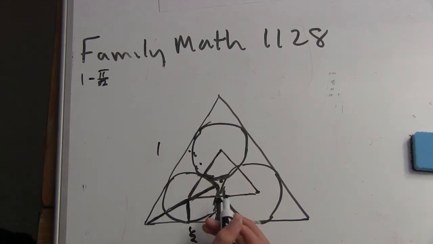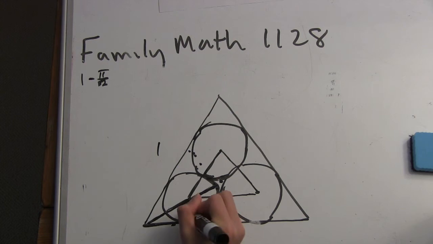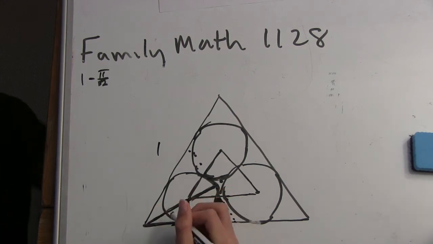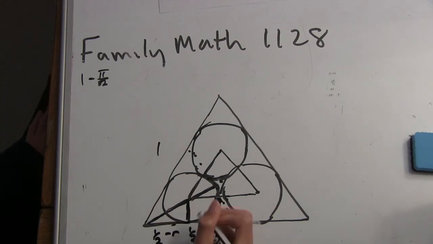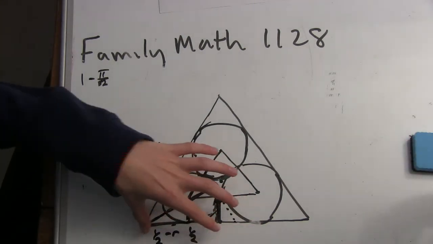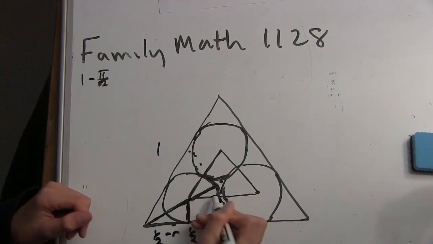Seems like it would be sort of difficult. Then maybe we can try to work with this triangle here. We know that this is 1/2 minus r, because we take this length a half, and then this distance from here to here is r.